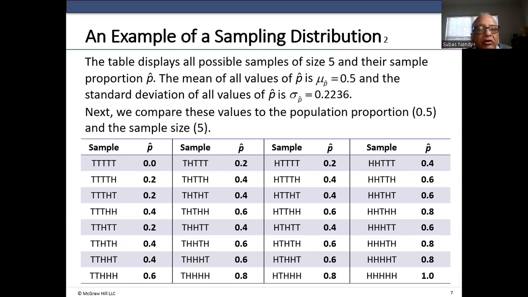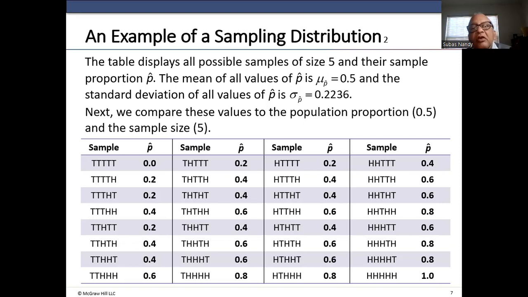Now, if we take the p hat values from the column with the title p hat, add all those values and divide by 32, you will find the mean of all those p hat values, mu p hat, is 0.5, which is the same as the population proportion p, also 0.5. In the long run, you expect 50% of the time you'll get heads.